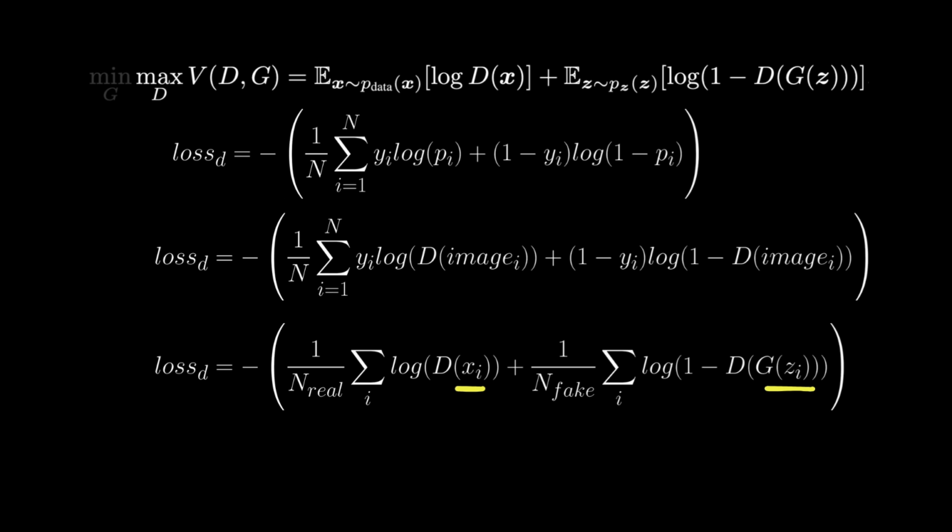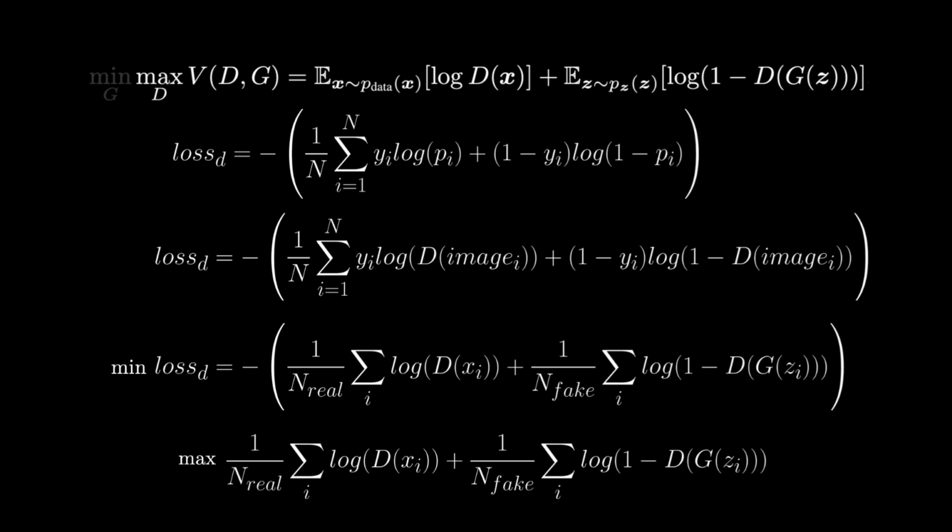And G of z_i is the fake image that the generator returns for this sample. In order to make our classifier better, we minimize this loss. So we can achieve the same thing by maximizing the negative of this loss. And this is now exactly what our objective also does, except the difference of sum replaced by expectation.